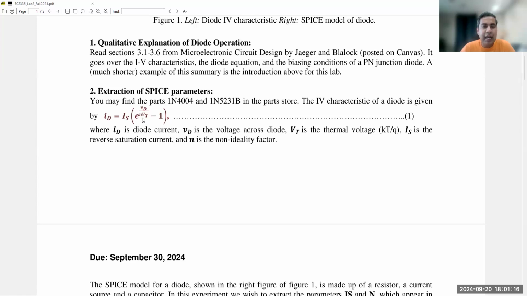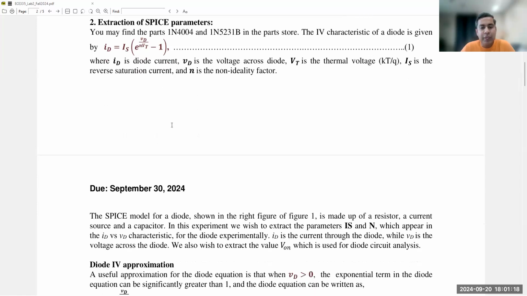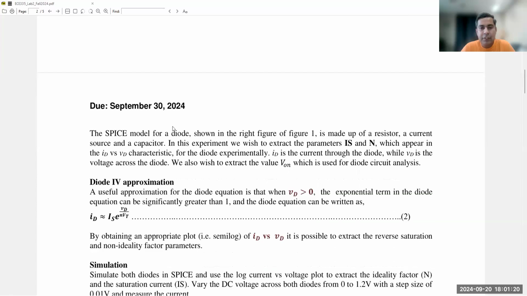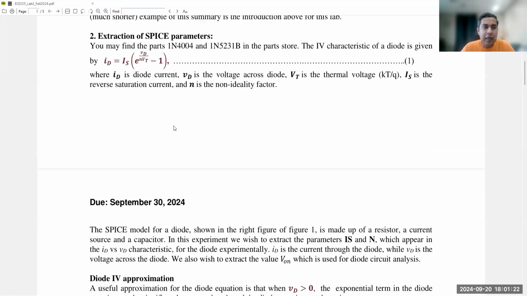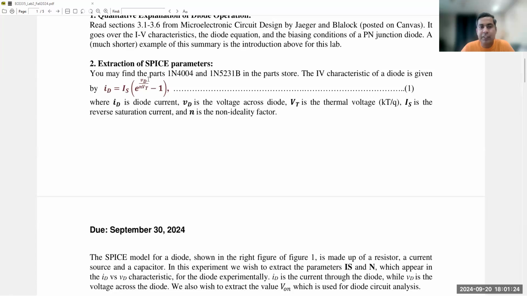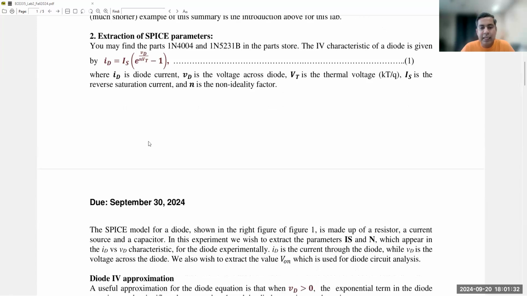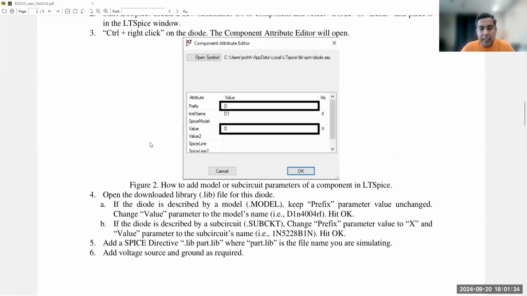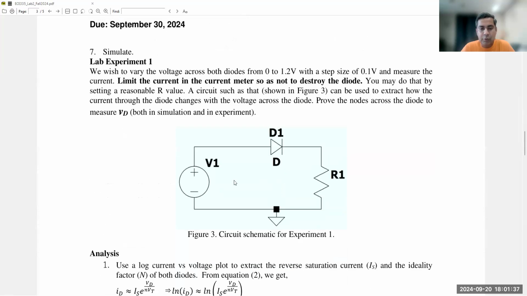The way we find the IS and N is we can simulate, or calculate up to that boundary condition of VD. Say we are applying a voltage of VD at 1.2 volt, and we are going to observe the current in this circuit that is shown in figure 3. Let's assume this R1 value; we can choose any value of R1. We can choose 100 ohm, or 1 kilo ohm.